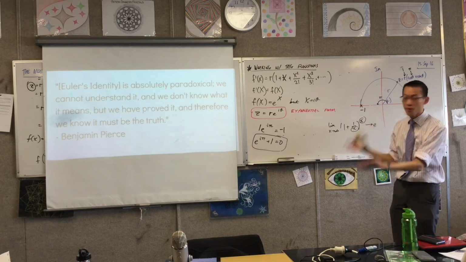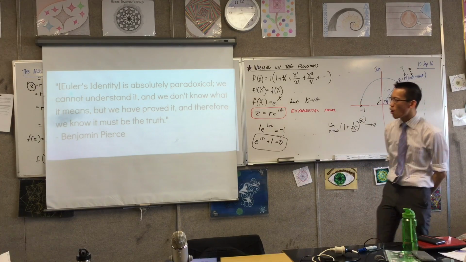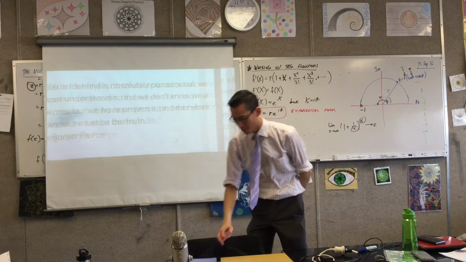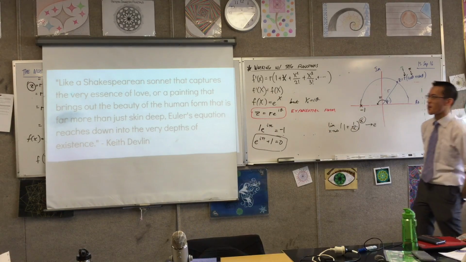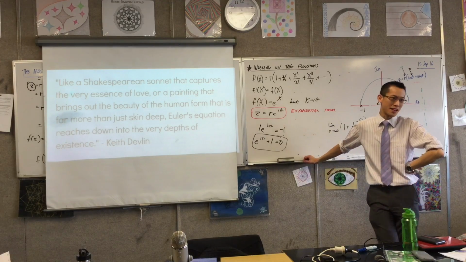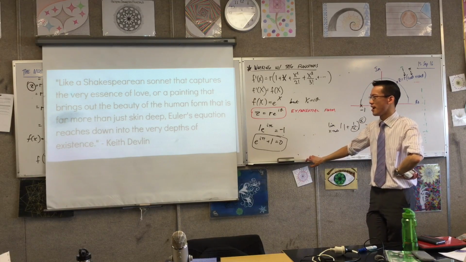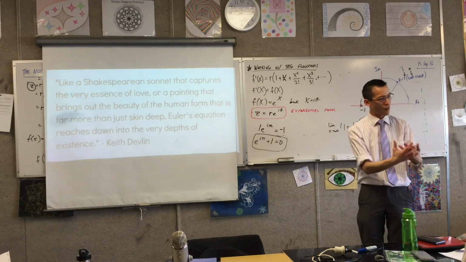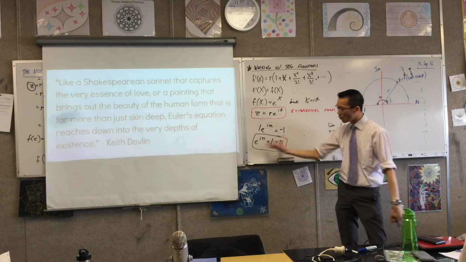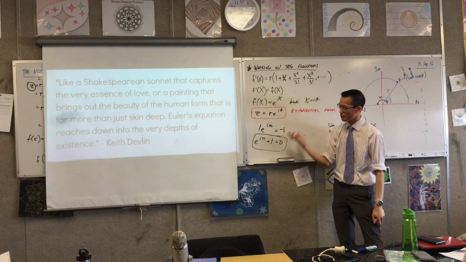It is unavoidably true, right? Or if you want to get a little more poetic, it's like a Shakespearean sonnet, right? Or a painting, that's why I said the Mona Lisa, okay? You've got all of these numbers that are fundamental to the fabric of reality, and they are all connected in this mysterious way.